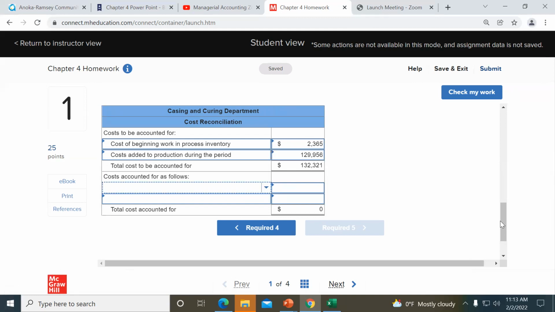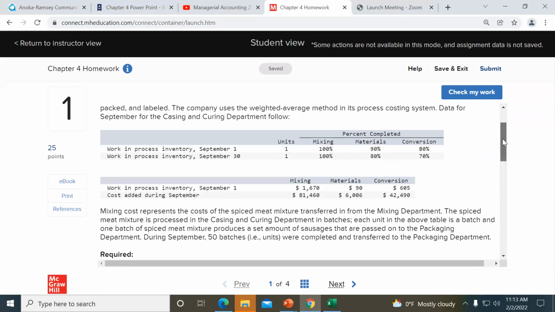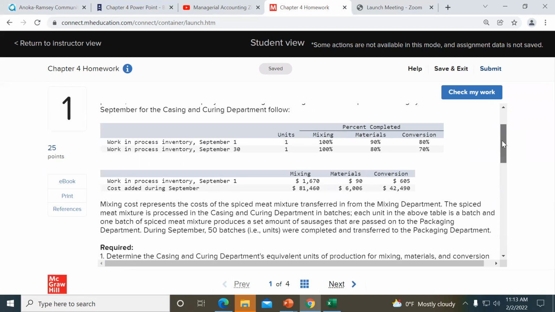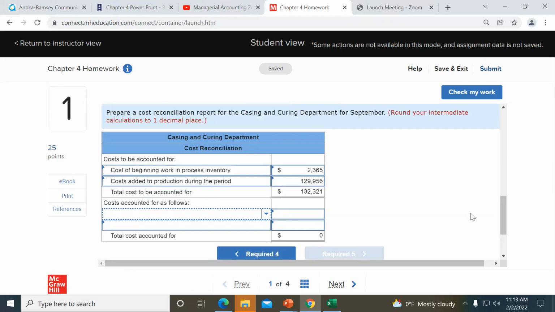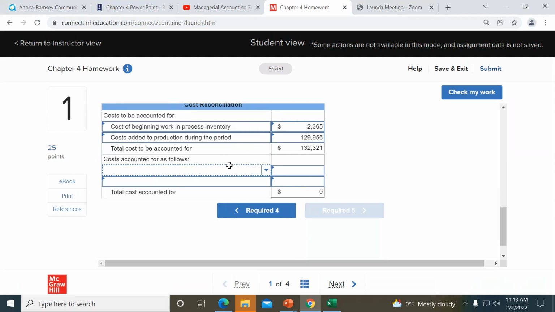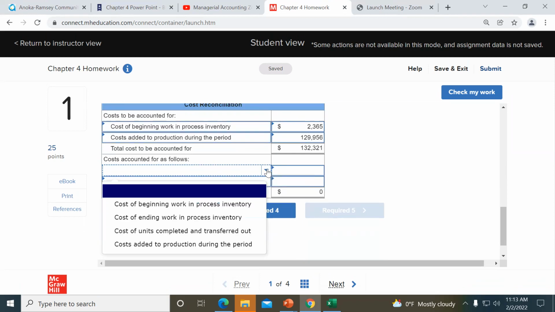I want to make sure. $81,460, 6,006 and 42. So what we have to account for is the 132,321. How do we account for it?